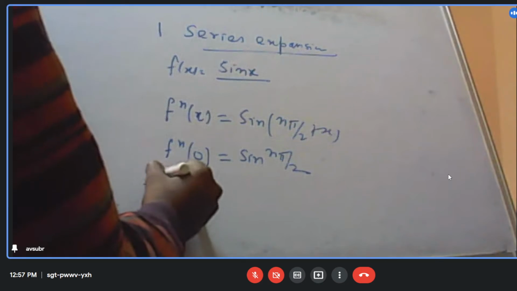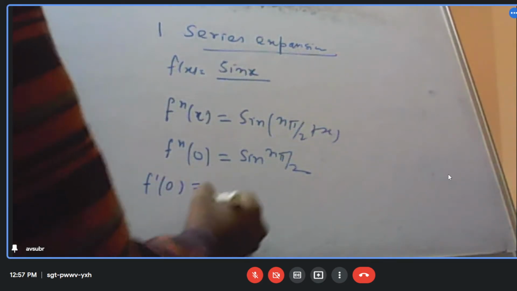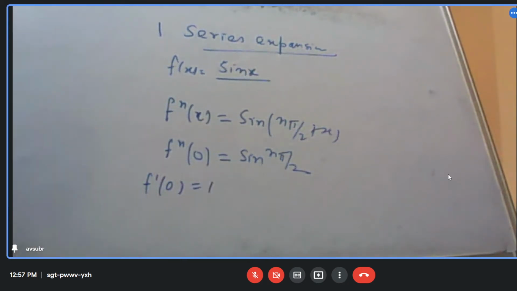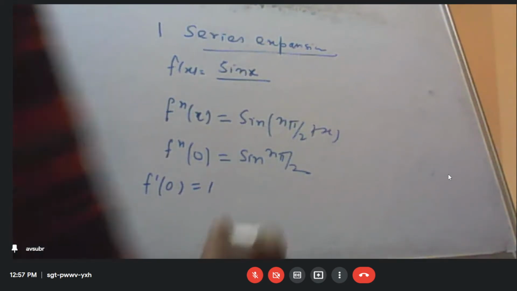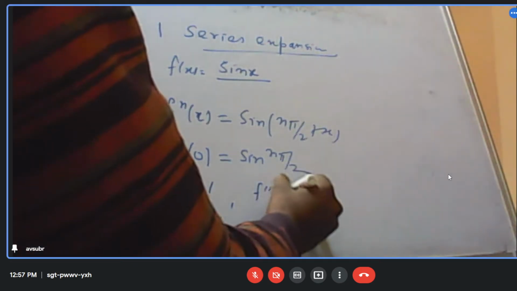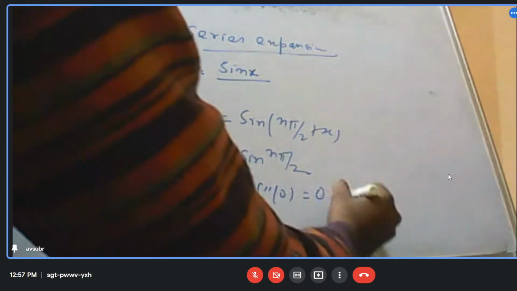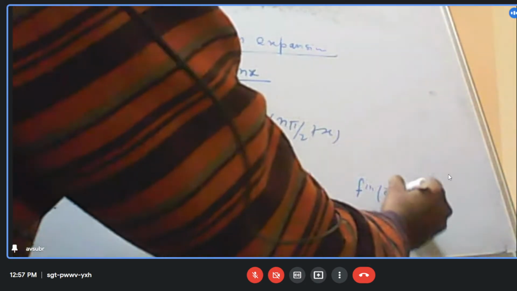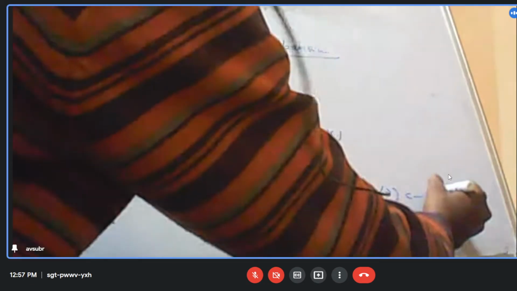Then the first derivative will be sine pi by 2, which is 1. The second derivative at x equal to 0 is 0. The third derivative at x equal to 0 is minus 1, and so on and so forth.